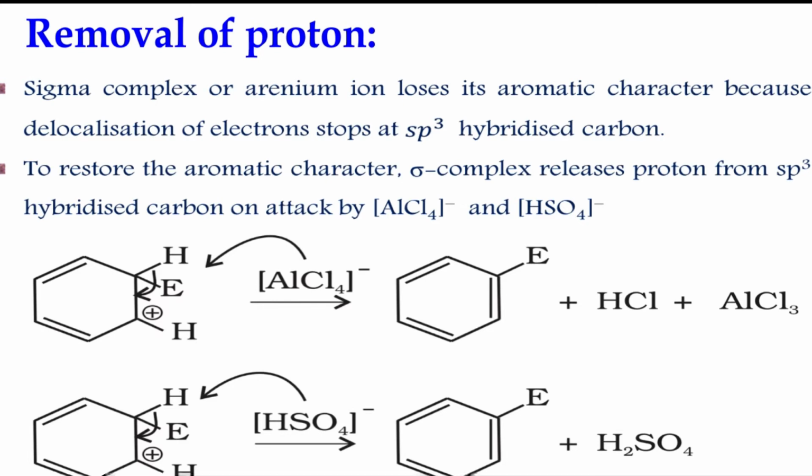So in the first three cases we have seen AlCl4 negative forming, and in case of NO2+ we have seen that HSO4 negative was formed. So what happens is the attack of AlCl4 negative and HSO4 negative on the sp3 hybridized carbon releases that hydrogen.